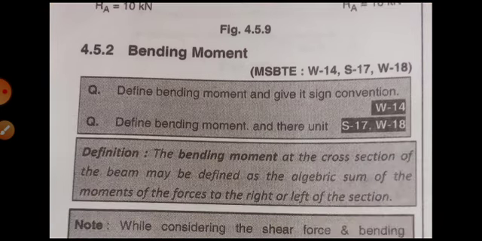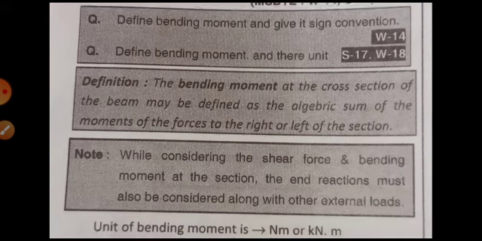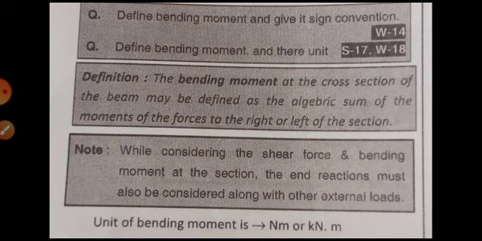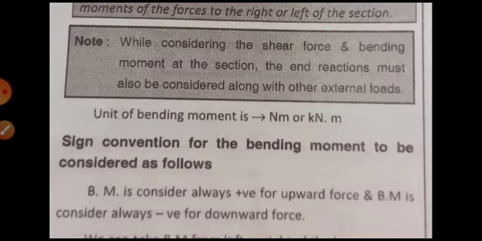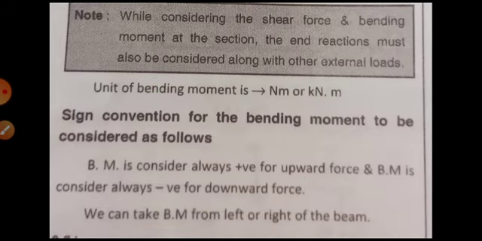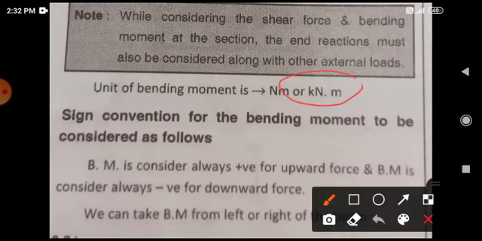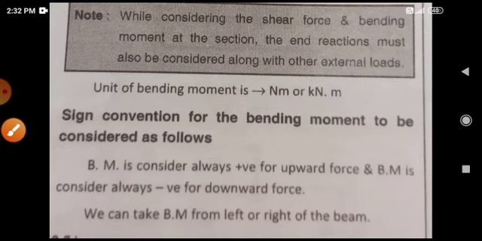Okay, next one is bending moment. The bending moment at the cross section of the beam may be defined as the algebraic sum of the moments of the forces to the right or left of the section. Here the unit of moment will be Newton meter or kilonewton meter.